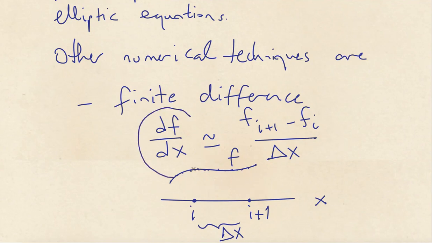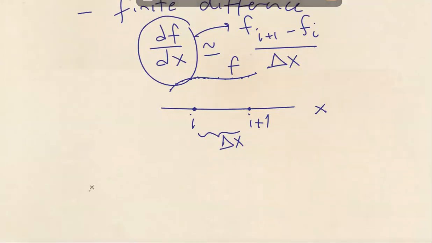Here, this is just the first order df over dx, which I approximated by using 2 points in space. I am discretizing my governing equation. This is how we do it in finite difference methods. Okay, so there is also finite volume.